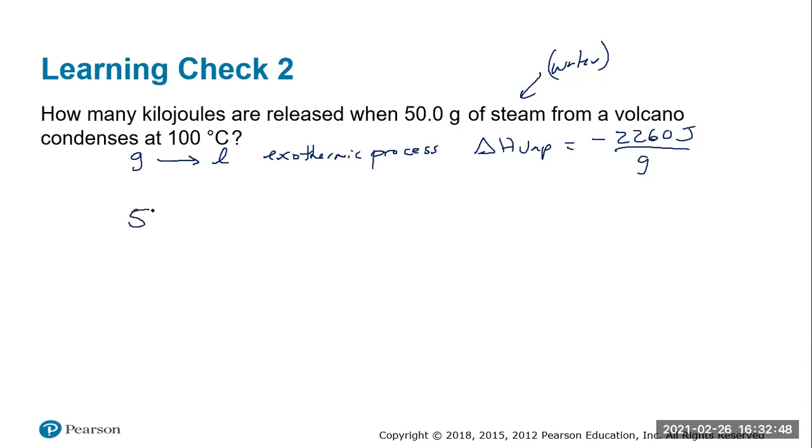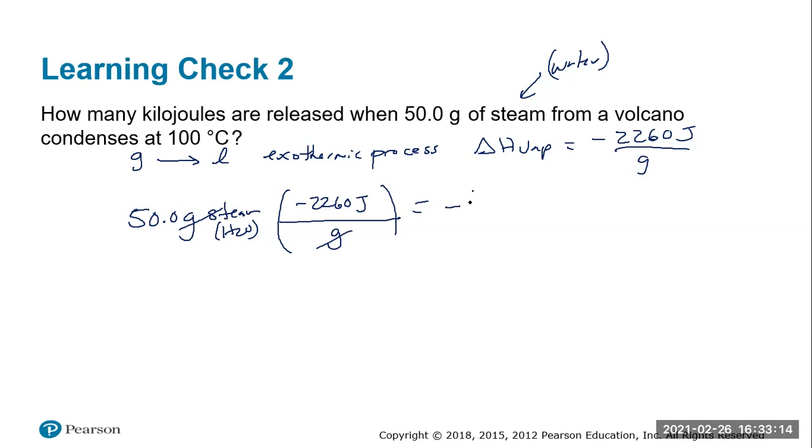So we would take our 50 grams of steam, our water, if you want. We will use that as a conversion factor, minus 2260 joules per gram. Grams will cancel. We will end up with 50 times minus 2260, going to be minus 113,000.